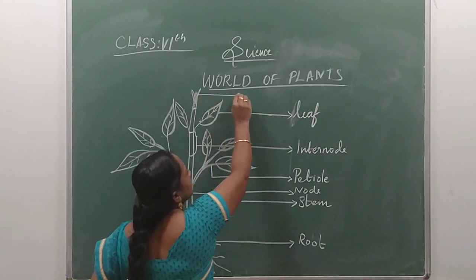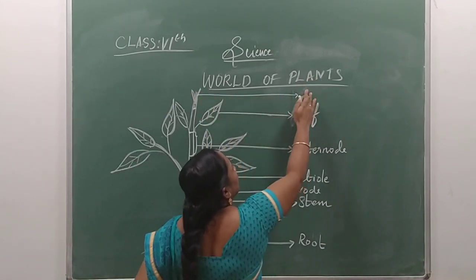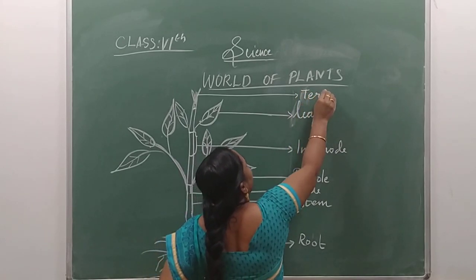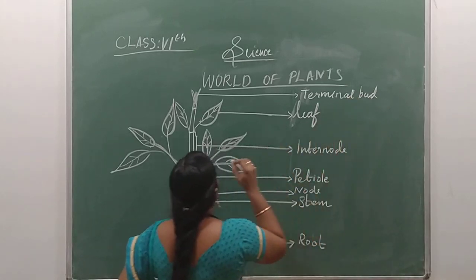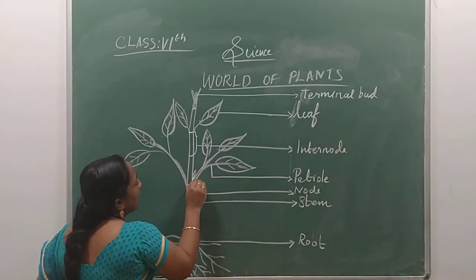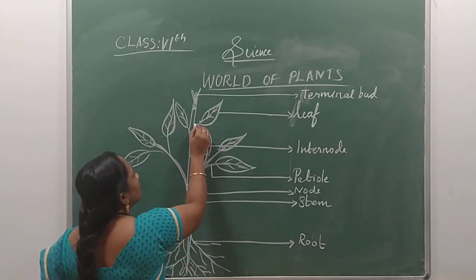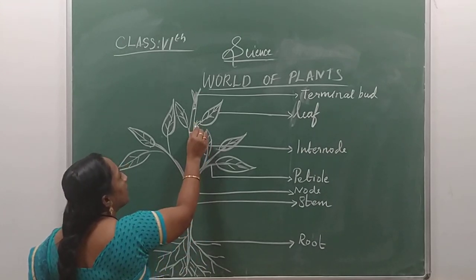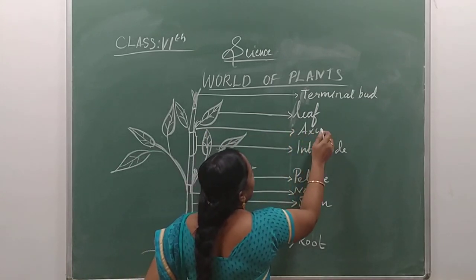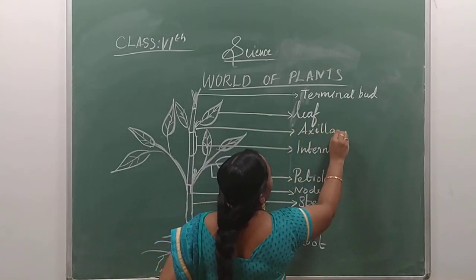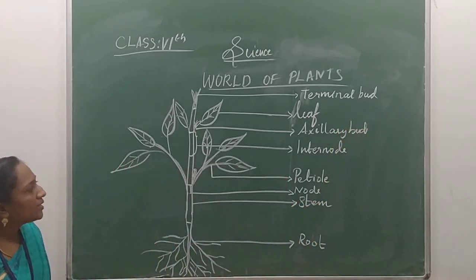And this is the terminal bud. If any new leaves arise from this axis, then it is called axillary buds. Children, is it clear?